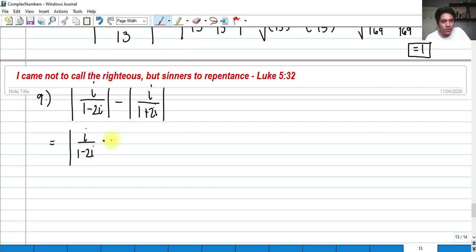Let me just change the colors. And then we have minus, we have i over 1 plus 2i, then we have 1 minus 2i all over 1 minus 2i.